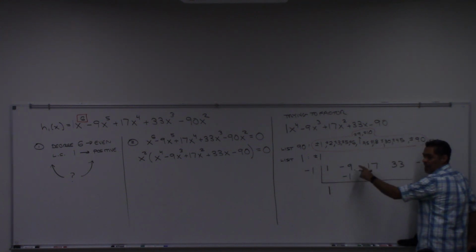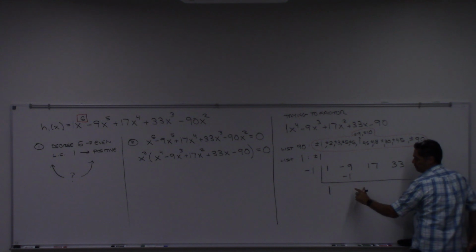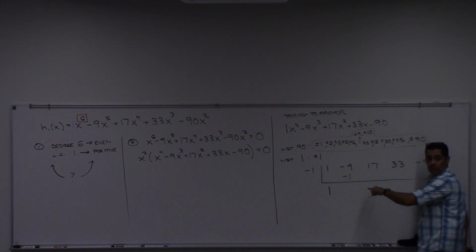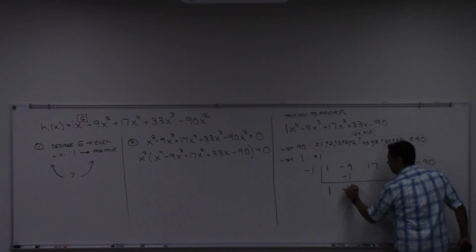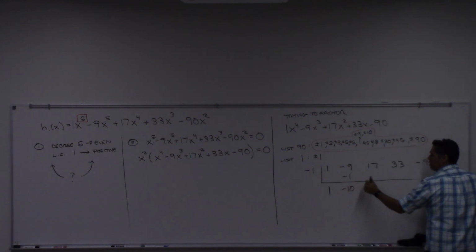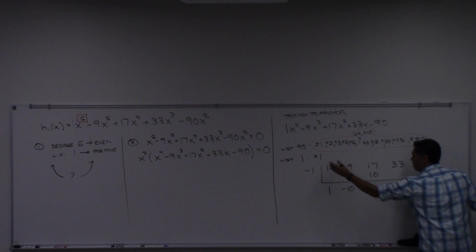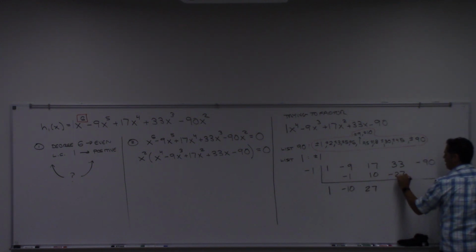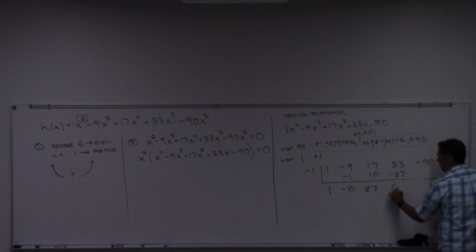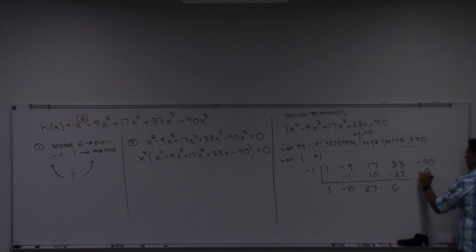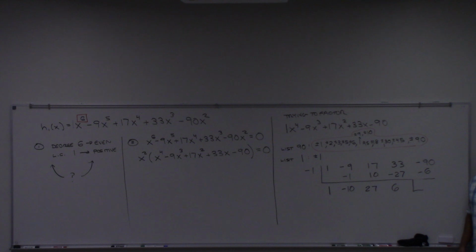What happens this time when I add down? -10. -1 times -10 is +10. 27. -27. 6. Yeah, no way, right? -96, that's not working. You see, that didn't work.